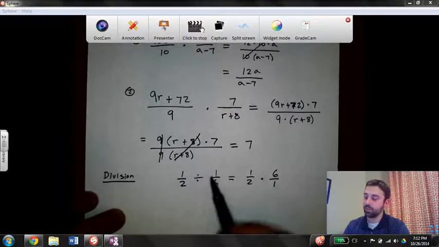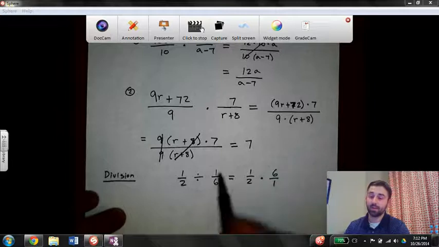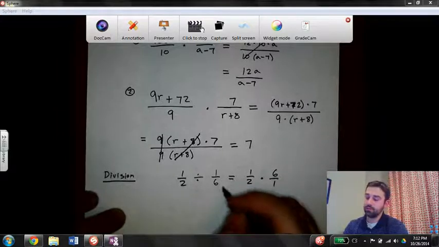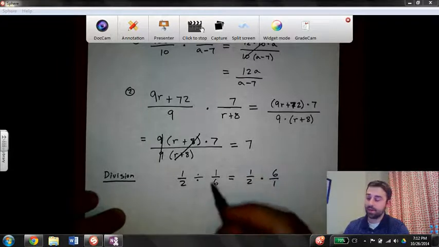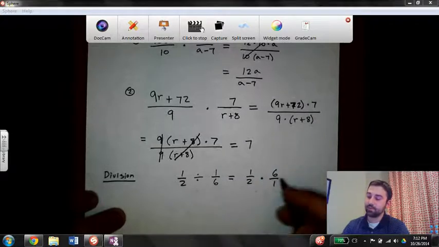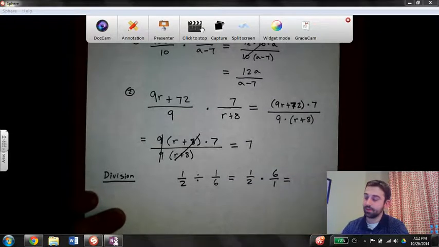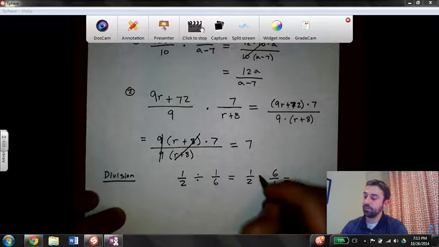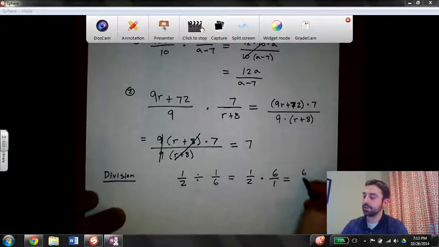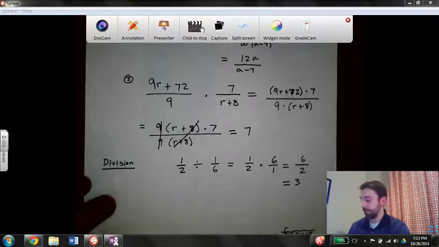Because when we're dividing fractions, for the second fraction we're dividing by, we can flip it and then turn it into multiplication. Which when I multiply straight across, I get 6 over 2, leaving me with 3.